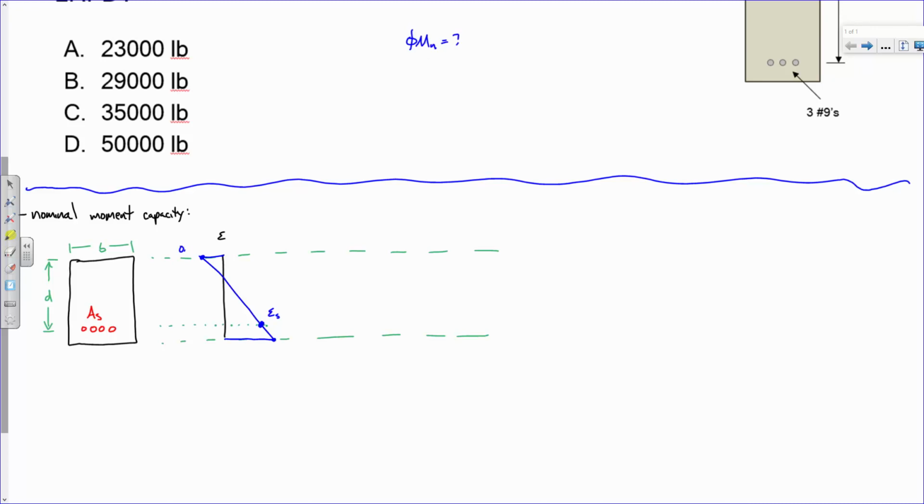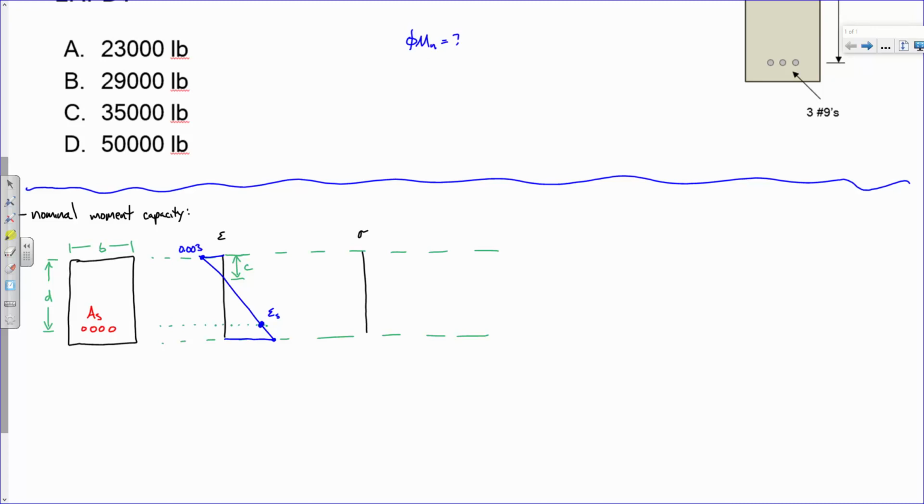So 0.003, and then this dimension here, we call that dimension c, right? So c is the distance from the top of the beam to where the neutral axis is, where there is zero strain, okay?